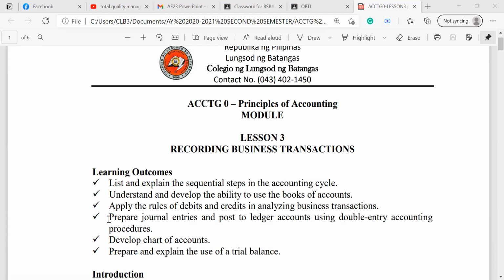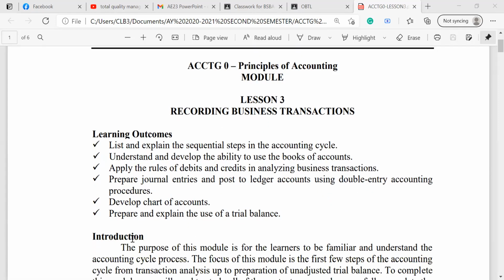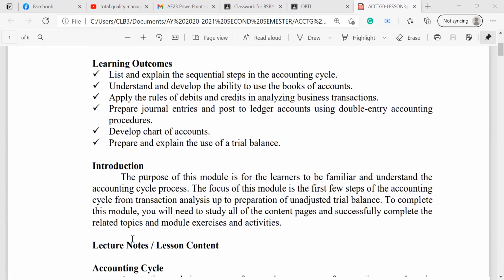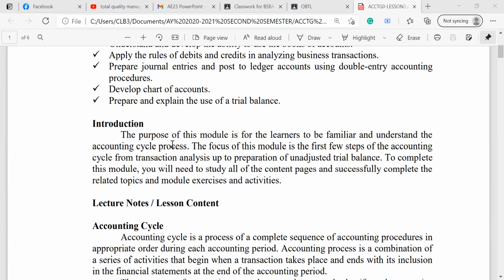We'll also prepare journal entries and post to ledger accounts, develop also your chart of accounts, and prepare and explain the use of trial balance. Okay. So, ito lang, just a brief introduction.